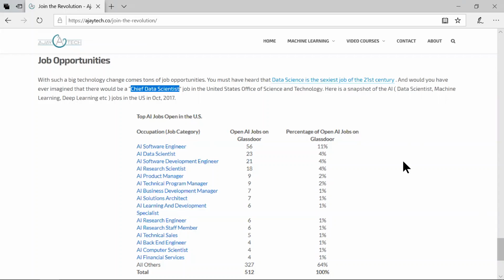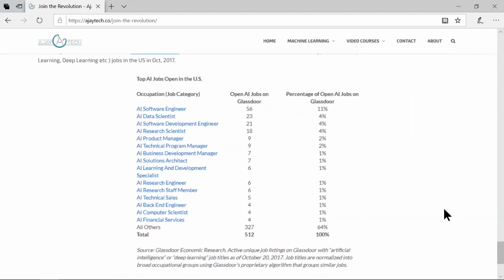There was a chief radiologist, there was a chief this in the United States. But there was never a chief data scientist. And in fact, it was an Indian who was the chief data scientist. If you go to any job portal, you'll see a whole host of job openings for freshers, for experienced folks. There are all different kinds of job openings.